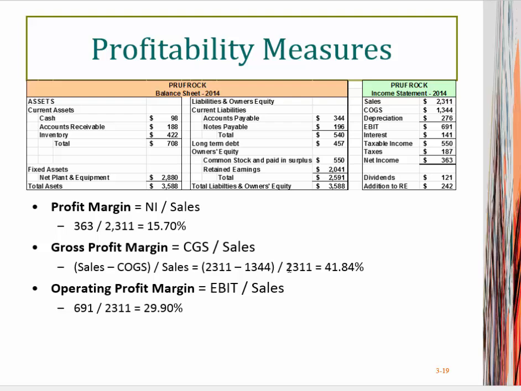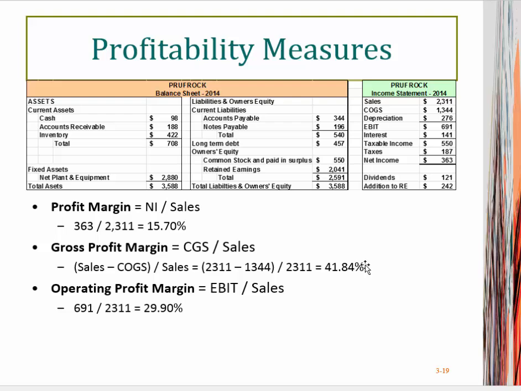So in this case, 41.84 cents of every dollar ultimately is accumulated in the form of profit. So it shows how well they control things. Now, it would be much nicer if we could show historically, compared to last year, compared to the industry. But again, in this case, at least we show that 41 cents of every dollar is what's left over after we've paid for production costs.